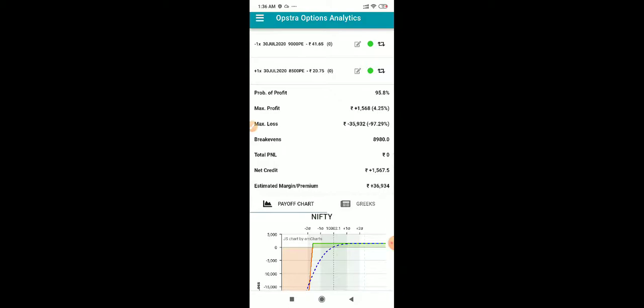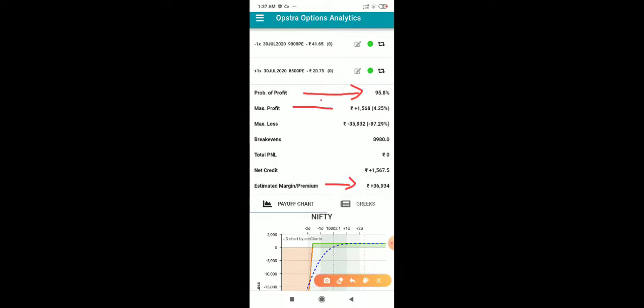Here, let's see. Our probability of profit is 95%. It's very good probability of profit. Even our investing required and margin amount is around 37,000.